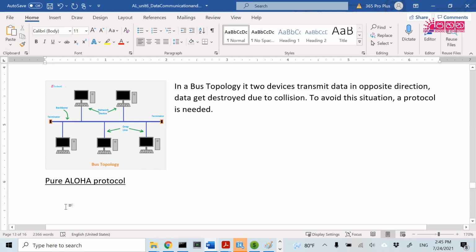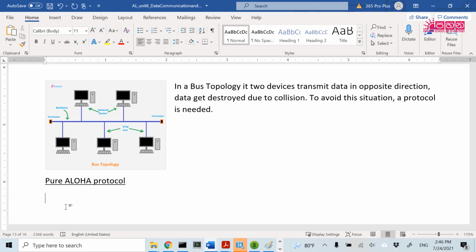There are many protocols, and one is pure aloha. In aloha, we are using a MAC protocol in a shared network. Using this protocol, we can send data from multiple nodes to multiple points.